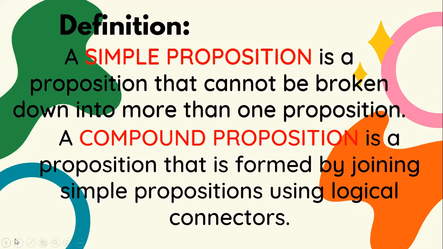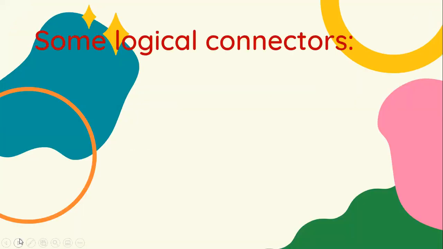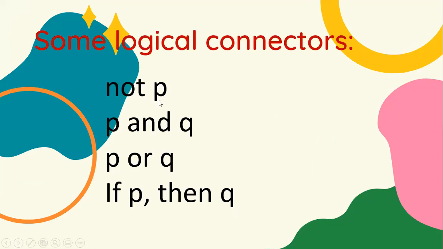What are examples of logical connectors? Let's say we have propositions P and Q. Using the word not is an example of a logical connector. Using the word and is a logical connector again. In our compound propositions, having the two propositions P and Q, once they are connected by the logical connector and, we already have a compound proposition.